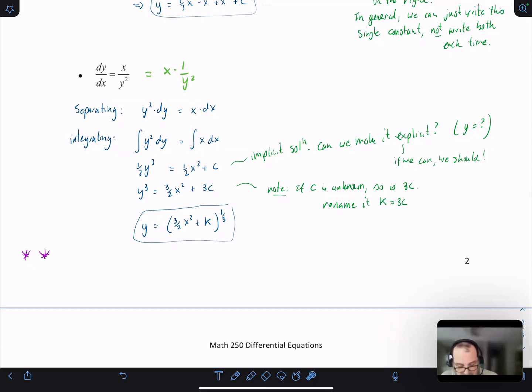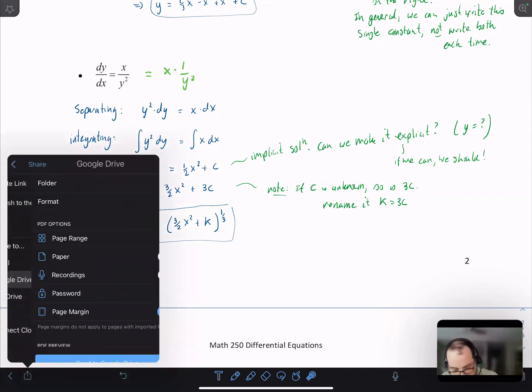We can multiply both sides by 3. We can then take the cube root on both sides, and we would get something like this. Notice what happens with the constant. If I multiply both sides by 3, I have a 3c over here. Now, if c is an unknown constant, 3c is an unknown constant. So we generally wouldn't just call it 3c, we would just call it a constant.